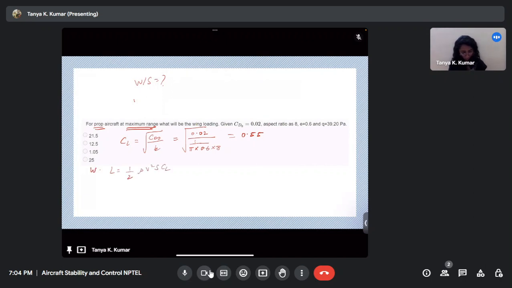Lift equal to weight, we can make that approximation. From here you can calculate wing loading. So what is W by S? It is half rho v square CL, and half rho v square is Q. So you have Q CL. Q is 39.2 Pascal. CL is what we have found out, 0.55. What is this value?